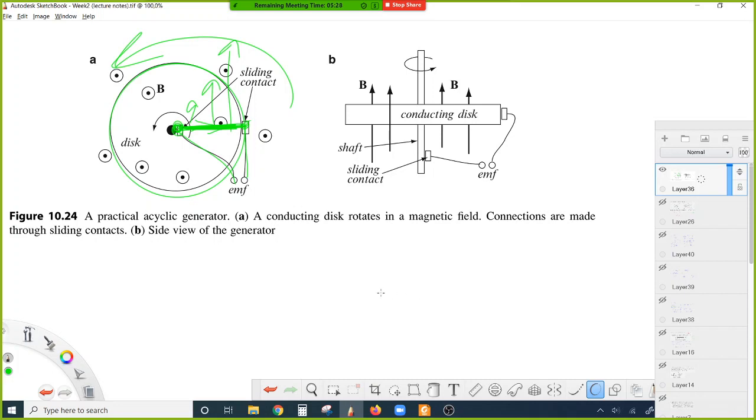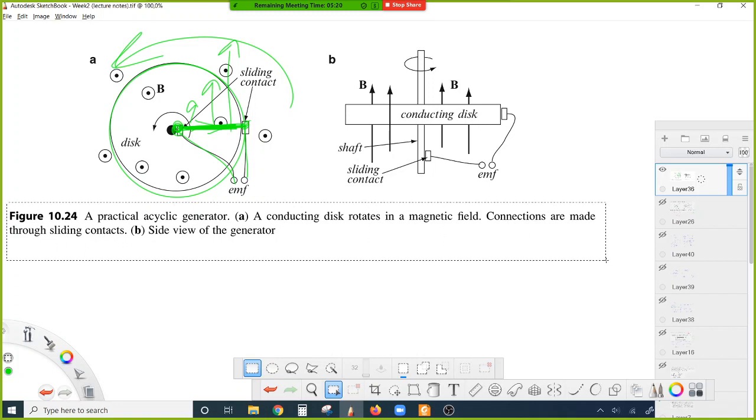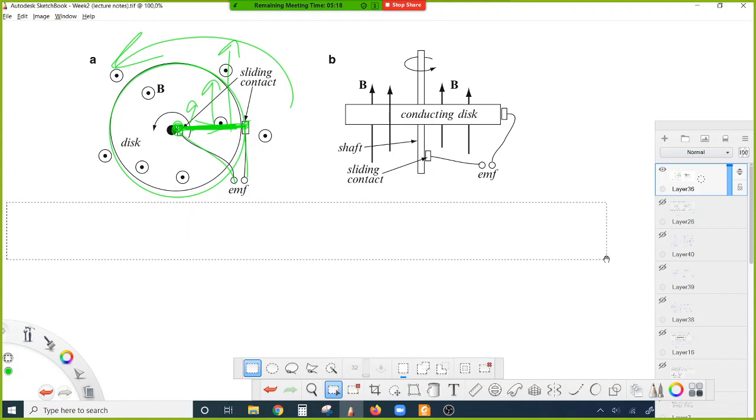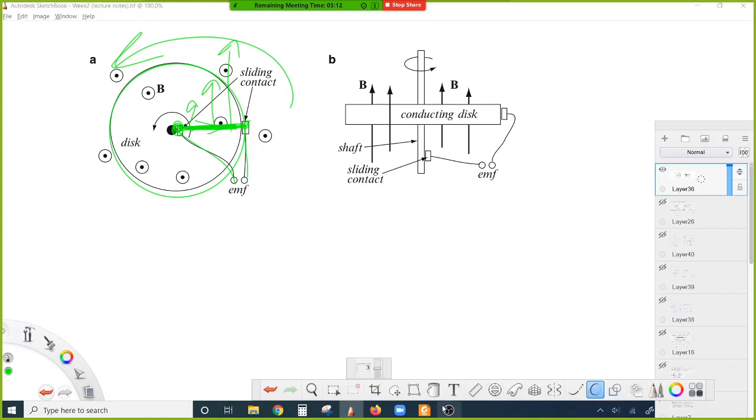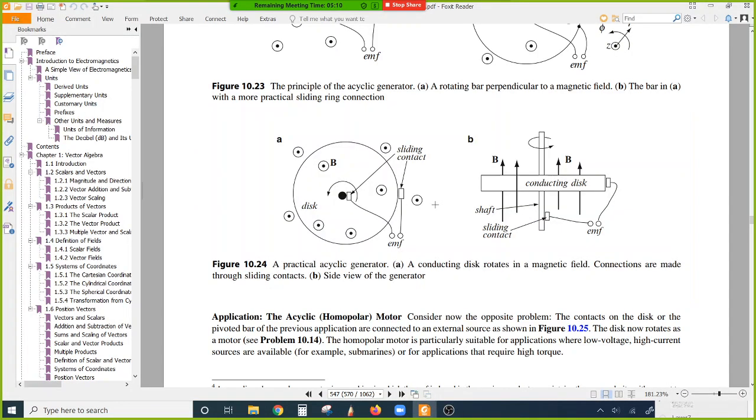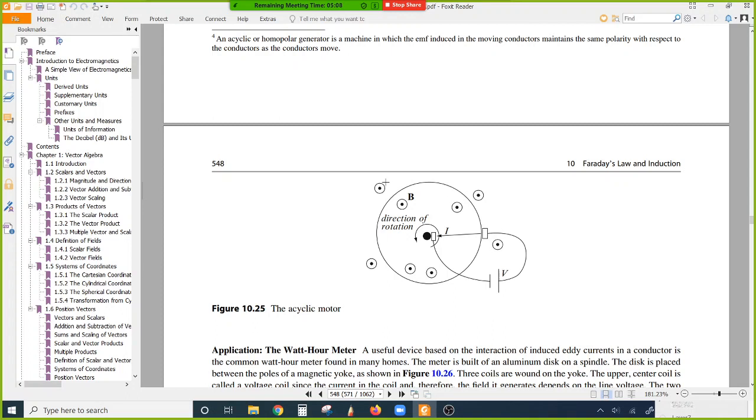Here it is written that this is again the generator, but DC motors work on the same principle.